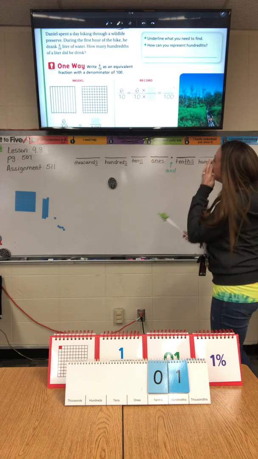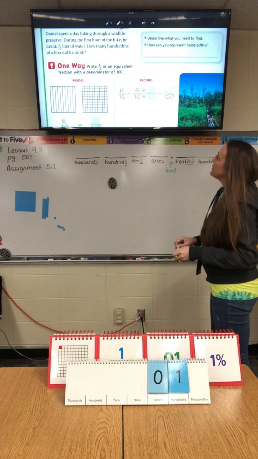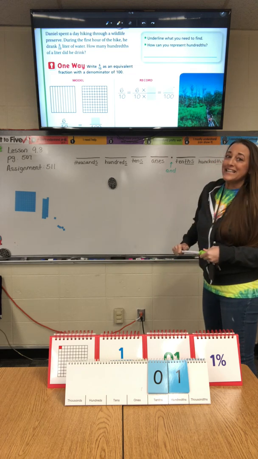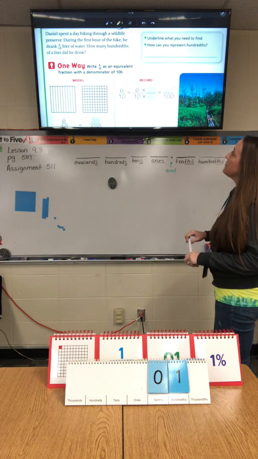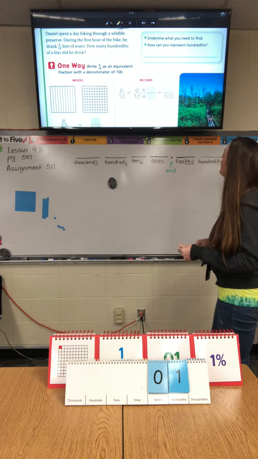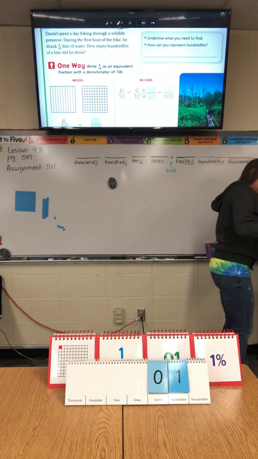Okay, Daniel spent a day hiking through a wildlife preserve. During the first hour of the hike, he drank 6/10 liter of water. How many hundredths of a liter did he drink? Underline what you need to find first.